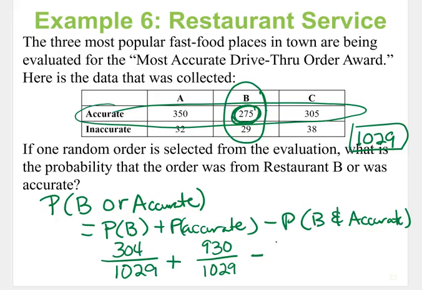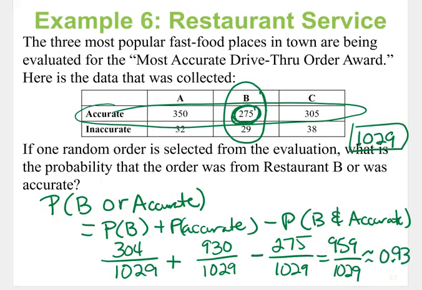Right, the 275 that were B and accurate. Don't want to count those twice. All right, so that gives me 959 out of 1,029, and that is a decimal of 0.932. So you've got about a 93.2% chance that you're going to get an order that is either from restaurant B or it's accurate.